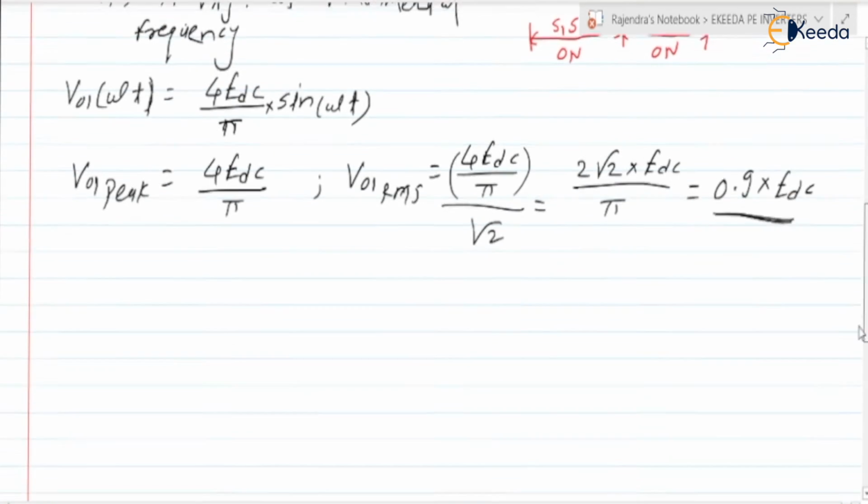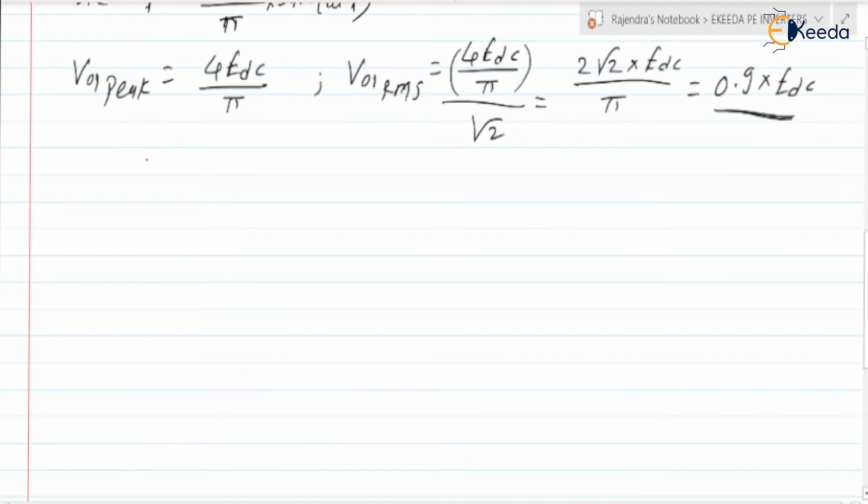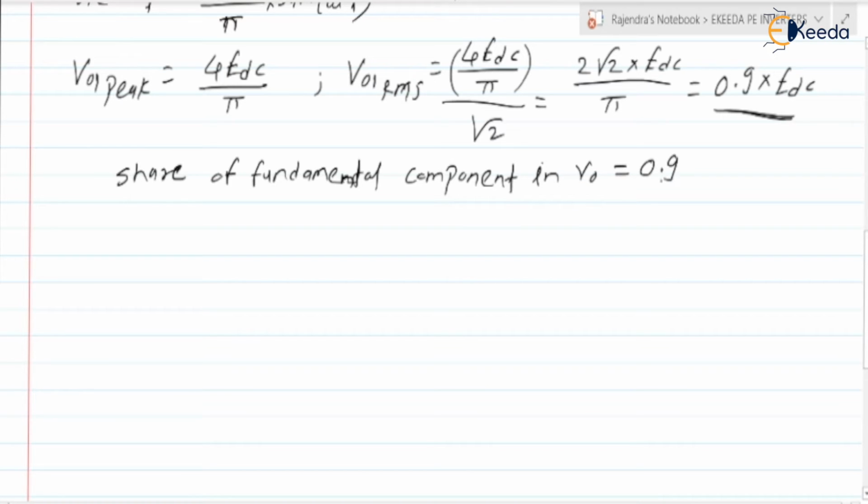So the share of the fundamental component in output voltage v0 is 0.9, or 90%. Is this clear? This is very important.